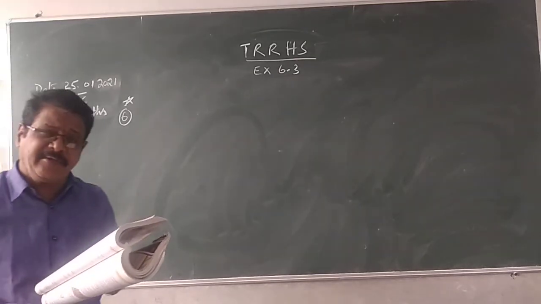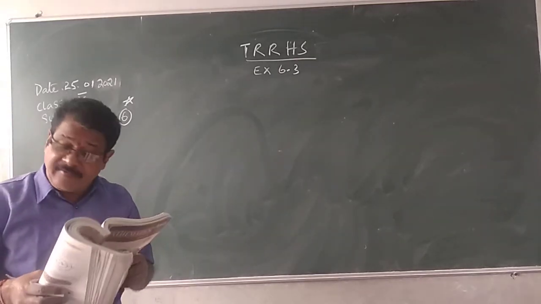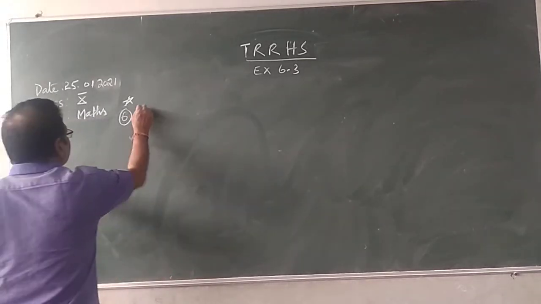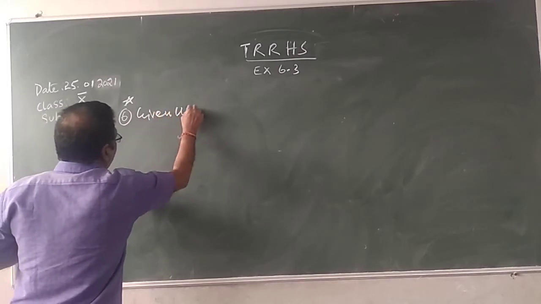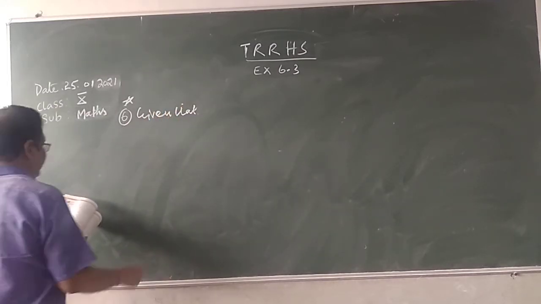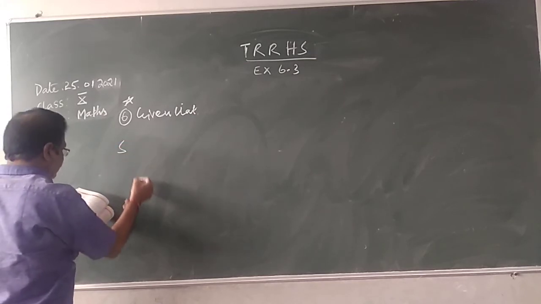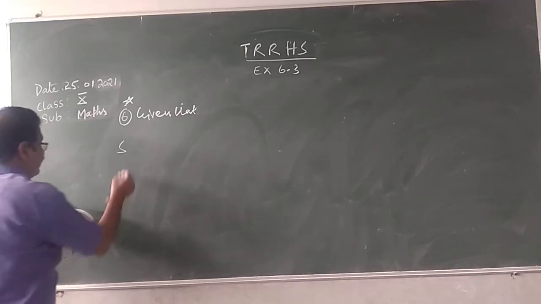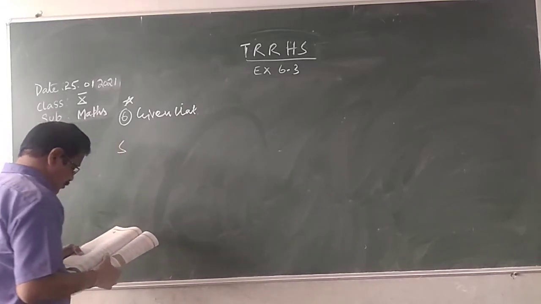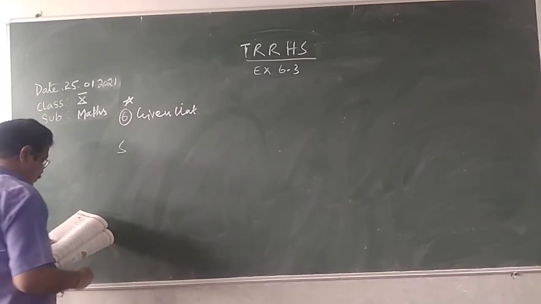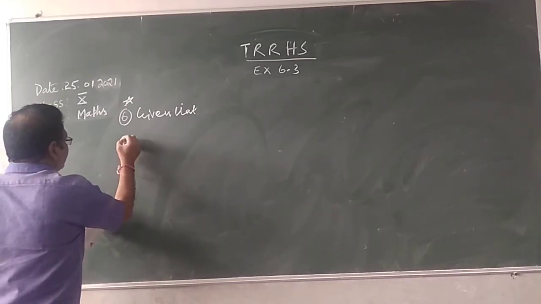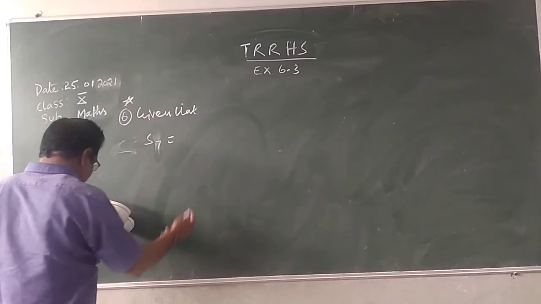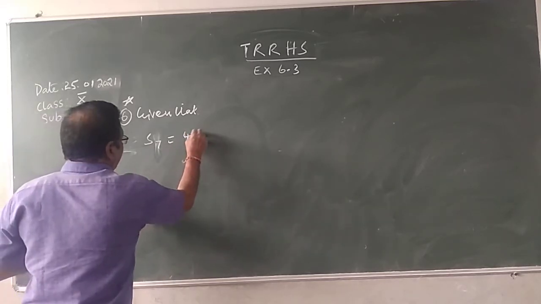The sum of 7 terms, S7, is 49, that of 17 terms is 289. Find the sum of the first 10 terms. Given that the sum of the 7 terms, S7, is 49.